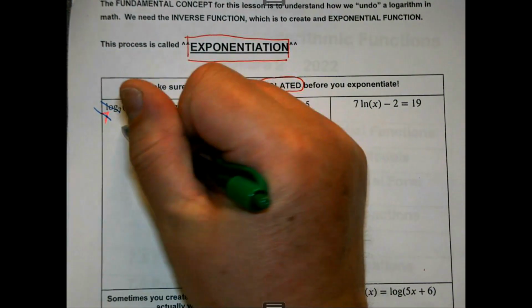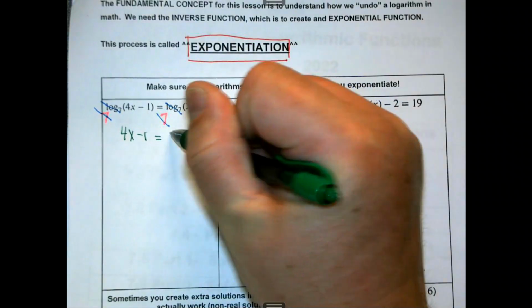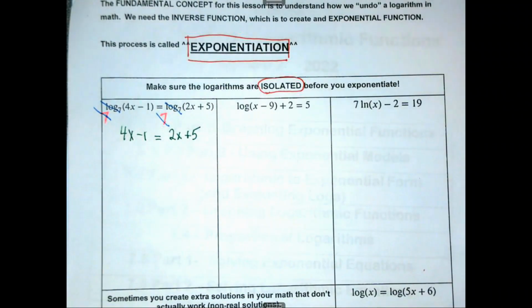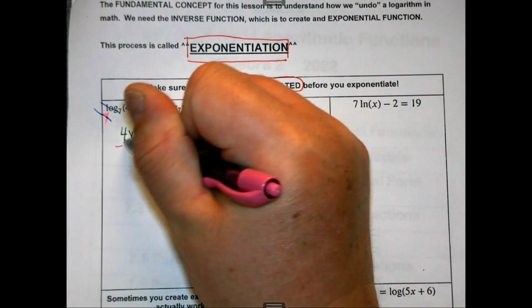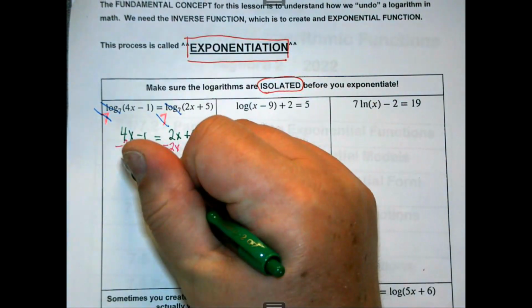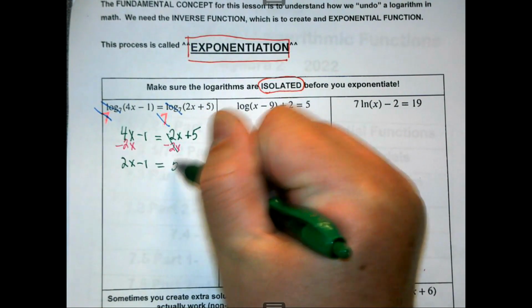So I end up with 4x minus 1 equals 2x plus 5. And you guys could probably do this in your heads by now, right? Let's see, I'm going to subtract 2x from both sides. So you have 2x minus 1 equals 5.